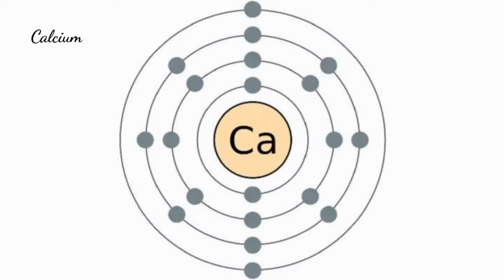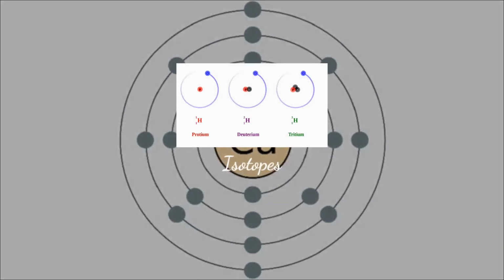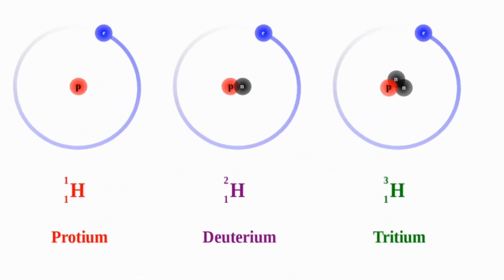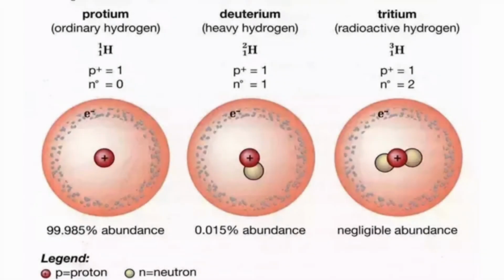So what exactly would we expect the mass of a hydrogen atom to be? It actually turns out that this is not an answer that can be answered simply, as there are different versions of hydrogen that can have different numbers of neutrons. Most of the hydrogen in the universe actually has 0 neutrons. There are versions that have 1 or 2 neutrons, but almost 99.98% of hydrogen in the universe has 1 proton and 0 neutrons.